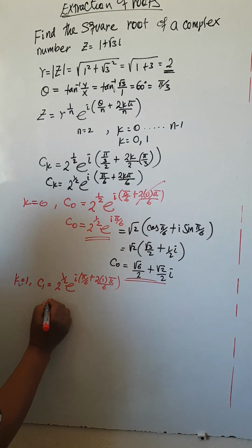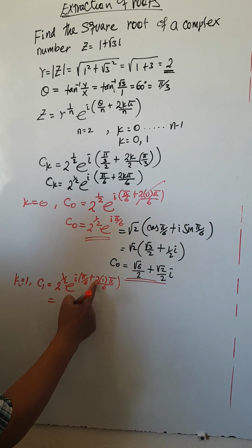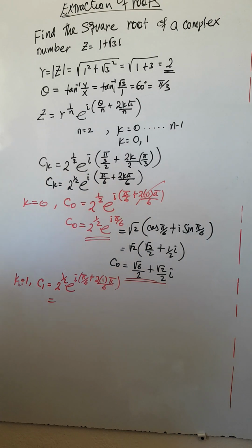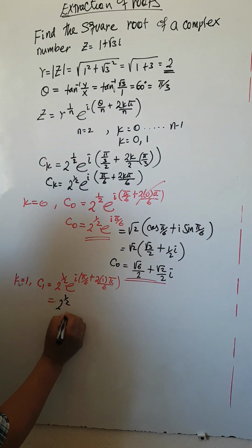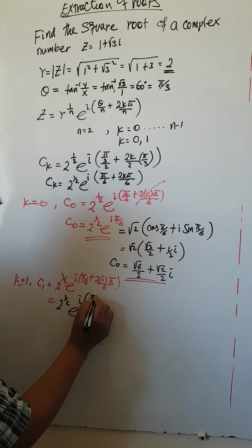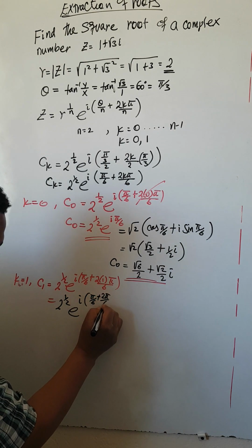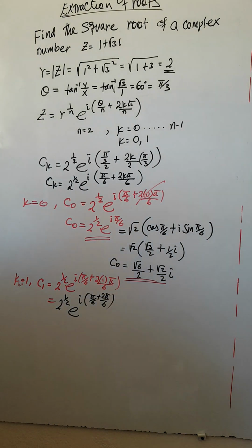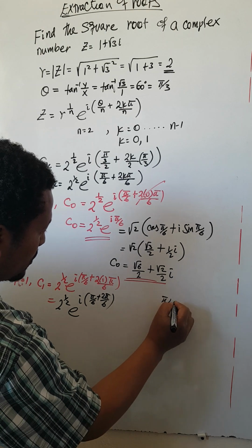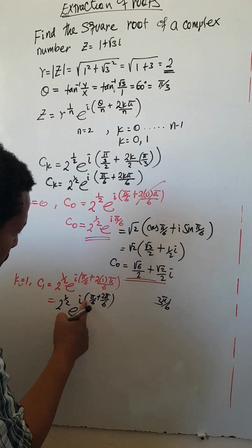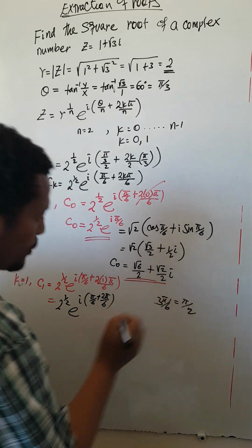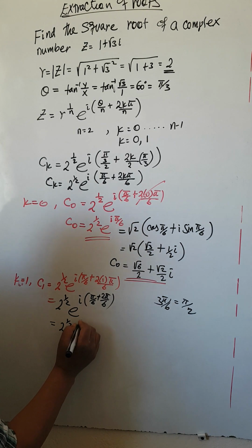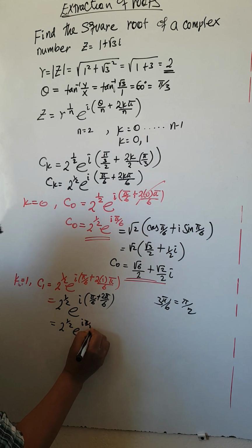Now this is pi over 6 plus 2 pi over 6, and the sum is 3 pi over 6, which is pi over 2. Pi over 2 is 90 degrees. So this is equivalent to 2 to the power of 1 over 2 times e to the power of i times pi over 2.